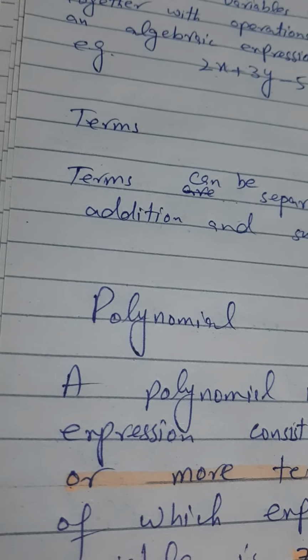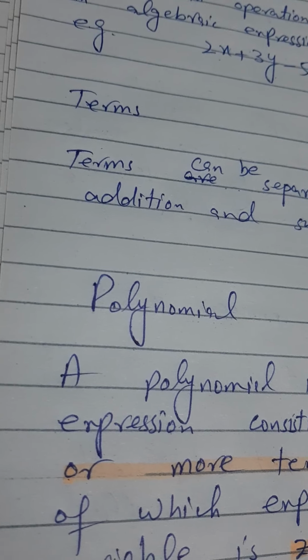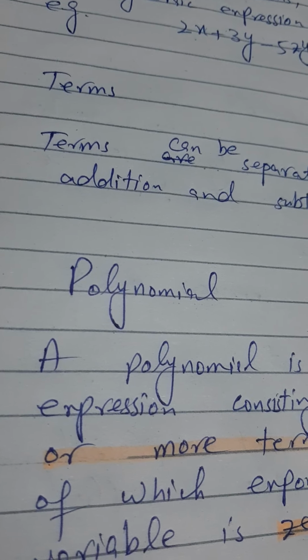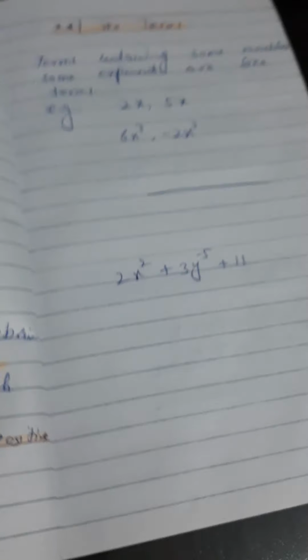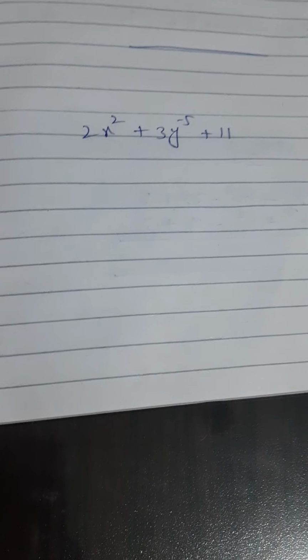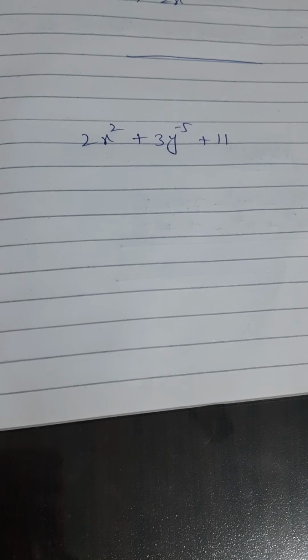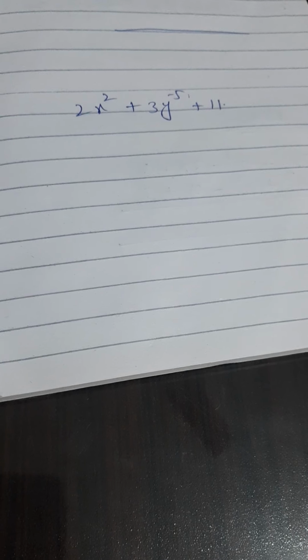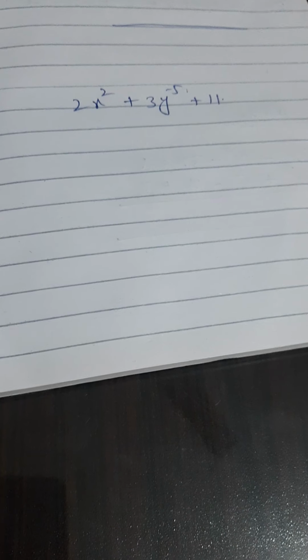Let's take another example. 2x square plus 3y raised to power minus 5 plus 11. Now if we want to check that it's polynomial or not, we have to check exponent of variable.